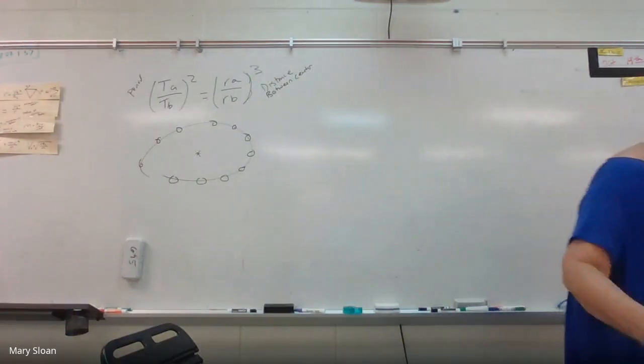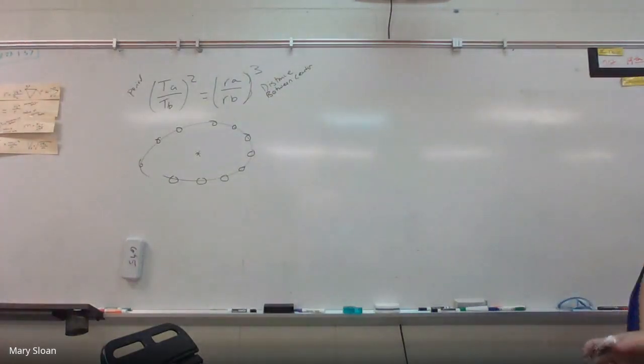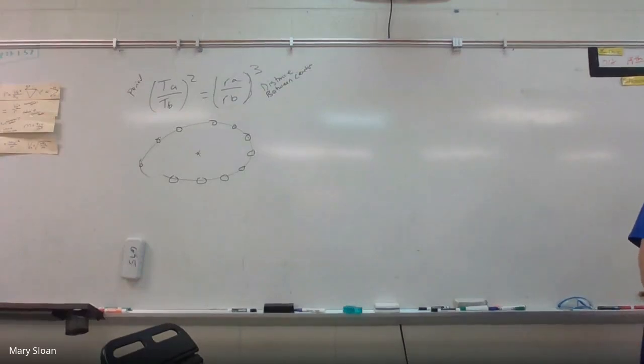So if we look at question number 1 on page 181, it talks about if G is one of Jupiter's moons and has a period of 7.15 days, how many units is its orbital radius? And use the information given for example problem 1. So what do we know and what do we not know?